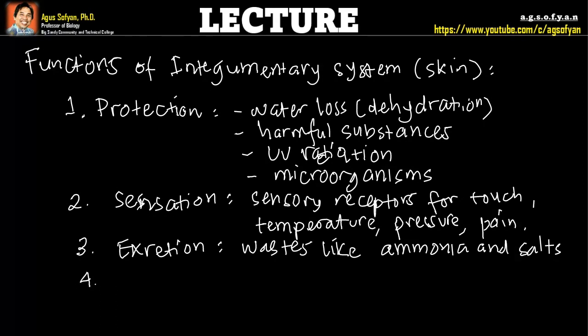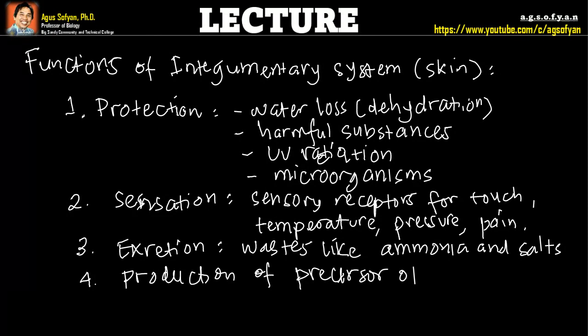The next function of the skin is production of the precursor of vitamin D. The vitamin D itself is made in the kidney, but the first substrate, the precursor for vitamin D, is actually made in the skin with the help of UV light.